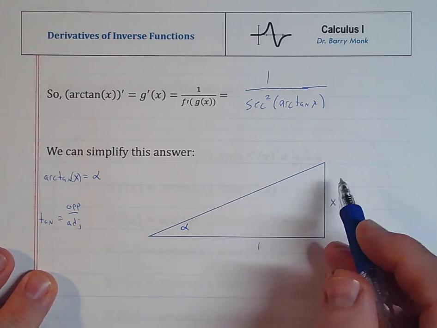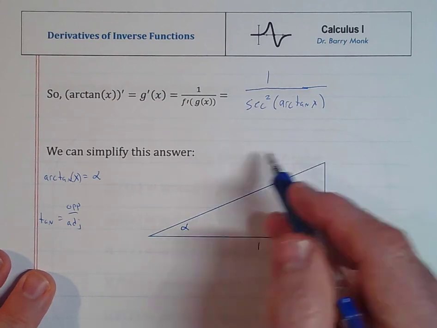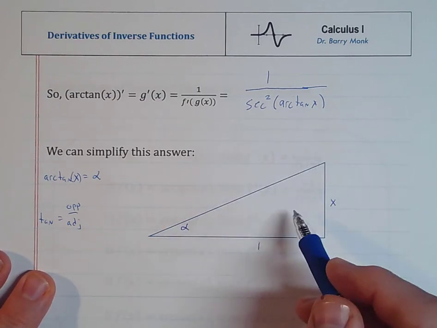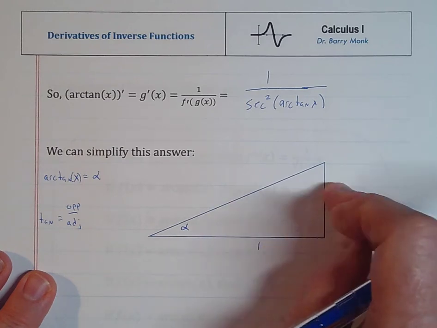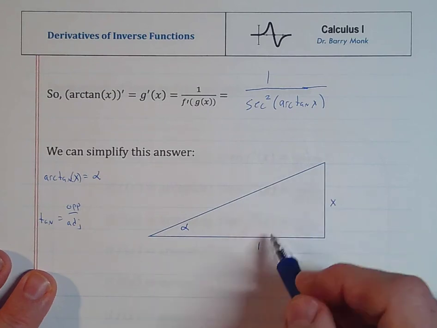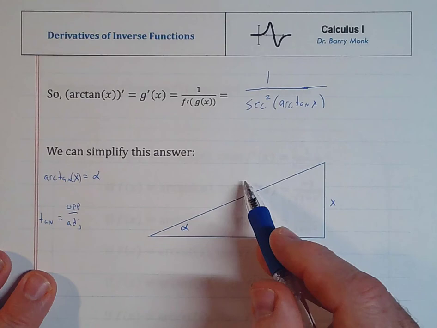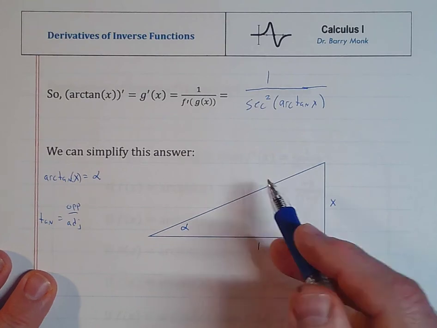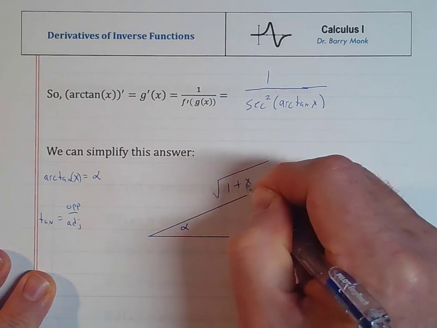If I have a right triangle and I've got 2 sides, I can find the other one just using the Pythagorean theorem: this squared plus this one squared is equal to the hypotenuse squared. So 1 squared plus x squared is equal to the square of the hypotenuse. Taking the square root of that gives me the square root of 1 plus x squared.